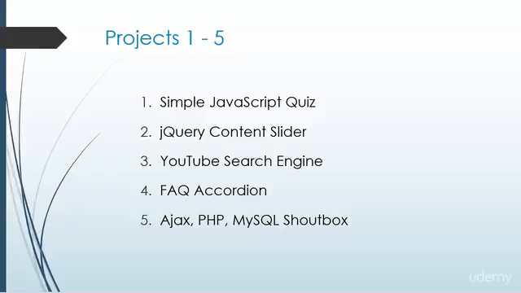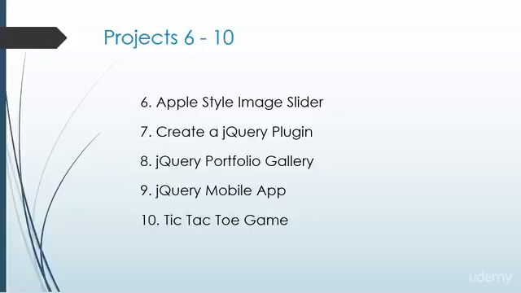Project 5 will be a shout box with a lot of different technologies. We'll be using obviously JavaScript and jQuery, AJAX. We'll use a little bit of PHP and MySQL. Okay, so we're going to basically store shouts inside of a MySQL database.